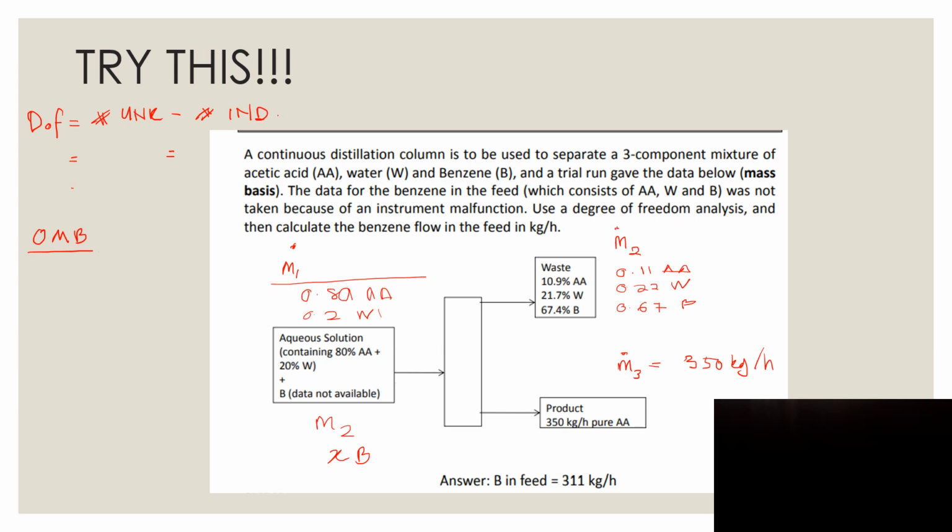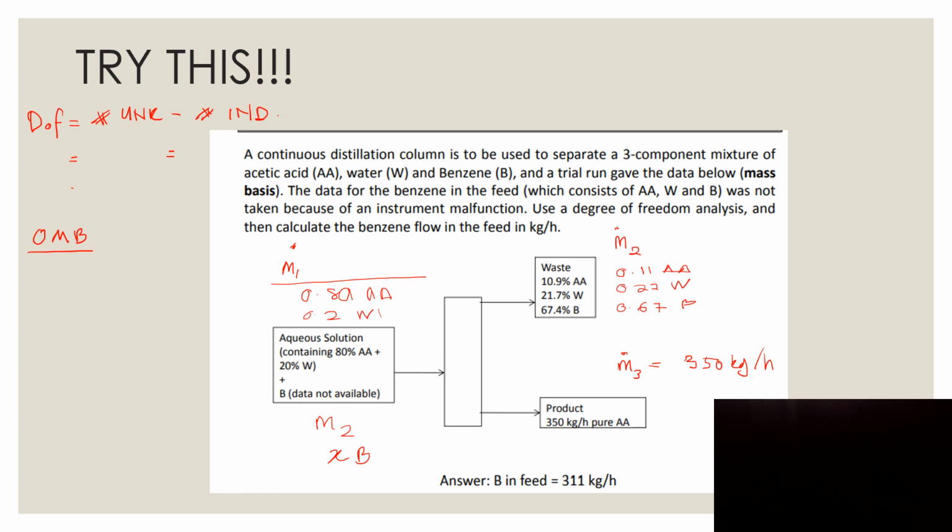And in this slide, I want you to calculate this problem. A continuous distillation column is to be used to separate a three-component mixture of acetic acid, water, and benzene. Three components, yeah. And a trial run gave the data below on a mass basis. The data for the benzene in the feed, which consists of AA, W, and B, was not taken because of an instrument malfunction.